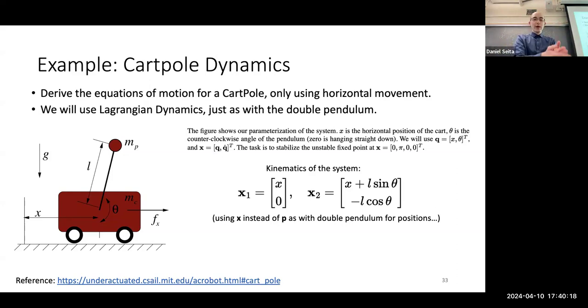So you can derive the equations of motion. You use the Lagrangian dynamics, which means what? You find the kinetic energy, find the potential energy, compute the derivative, plug them into this equation. You get your equation of motion.